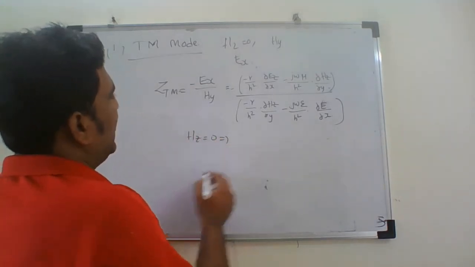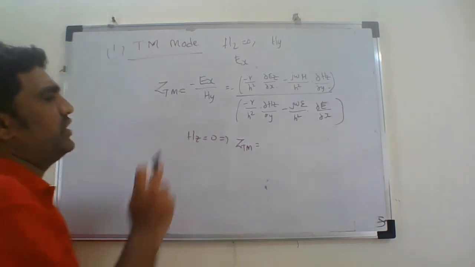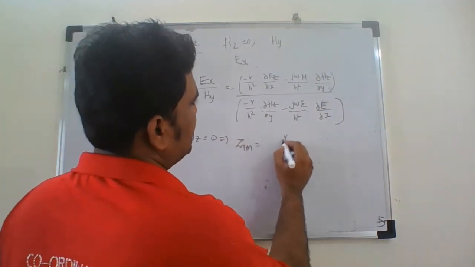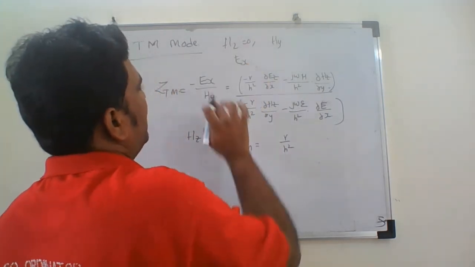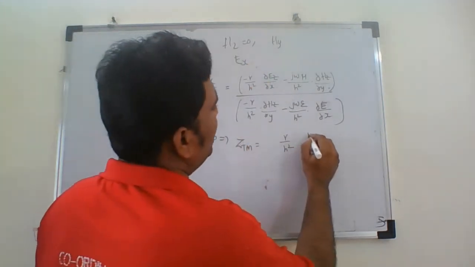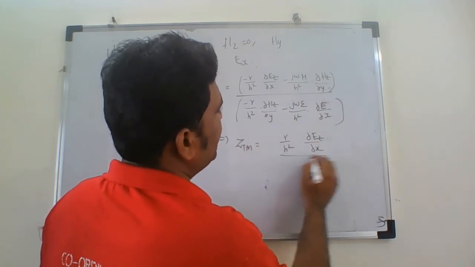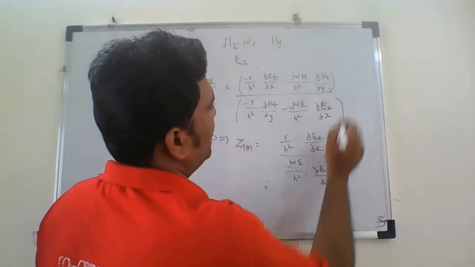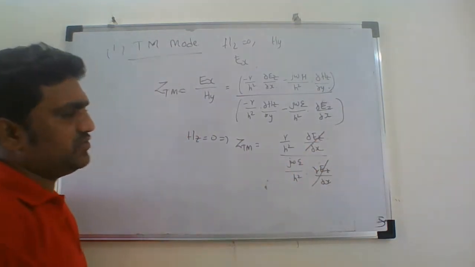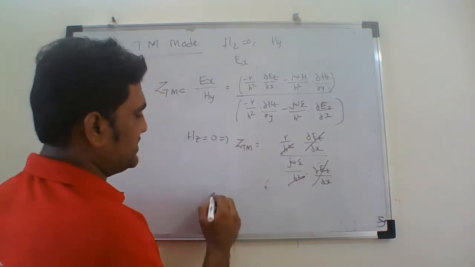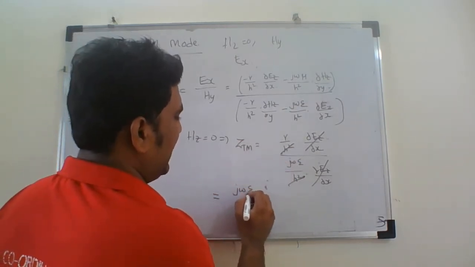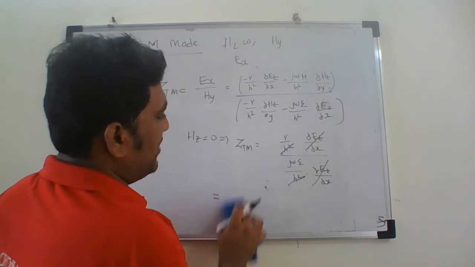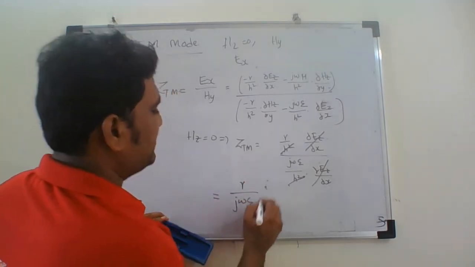So substituting Hz equal to 0 in ZTM, this term vanishes, this term also vanishes, so what I get is gamma by h square into ∂Ez/∂x, divided by j omega epsilon by h square into ∂Ez/∂x. The ∂Ez/∂x terms cancel, h square cancels, so what I get is, sorry, reverse, gamma by j omega epsilon.